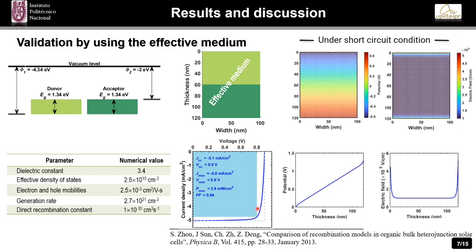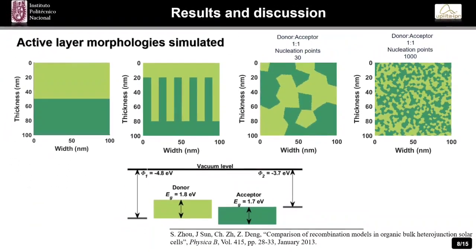The current density-voltage characteristic was obtained also, and the electrical parameters such as the short circuit current density, the open circuit voltage, and the fill factor were compared with the values reported in the reference to validate our methodology. In this work, we were interested in simulating irregular morphologies, but we also simulated regular morphologies to use them as references.